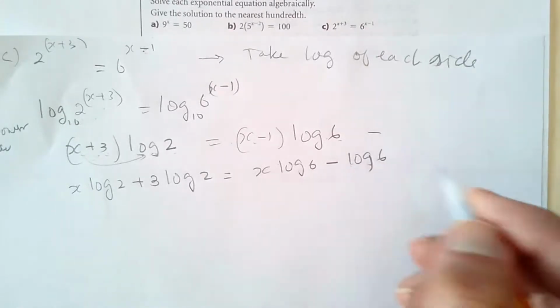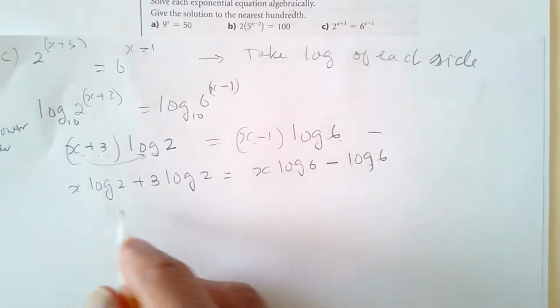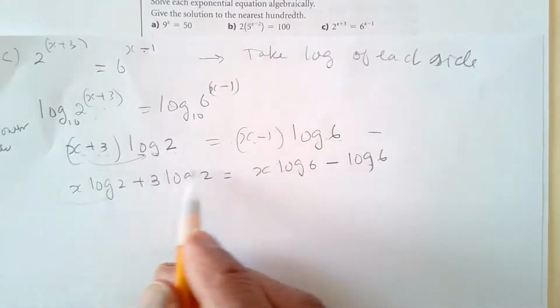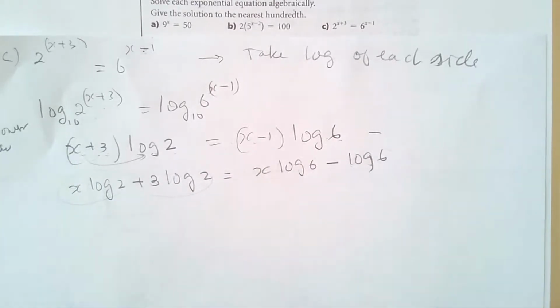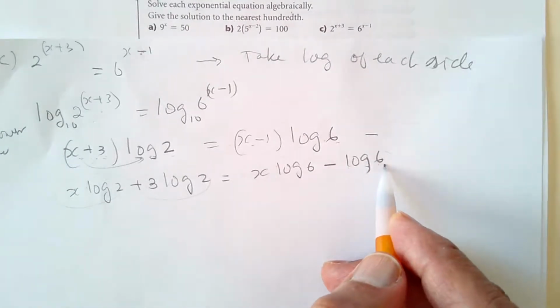It's really 1 log 6. Now I'll collect like terms. I'll put the x's on one side and 3 log 2 and minus log 6 on the other side.